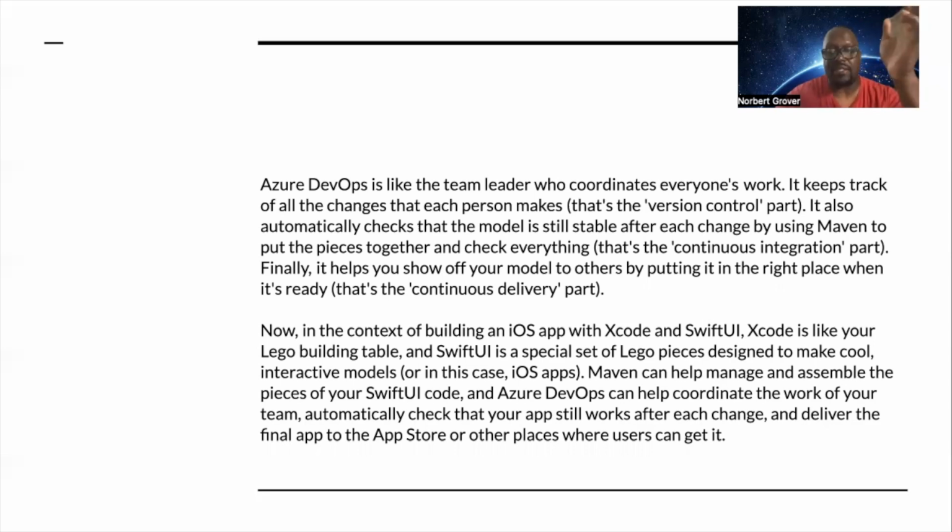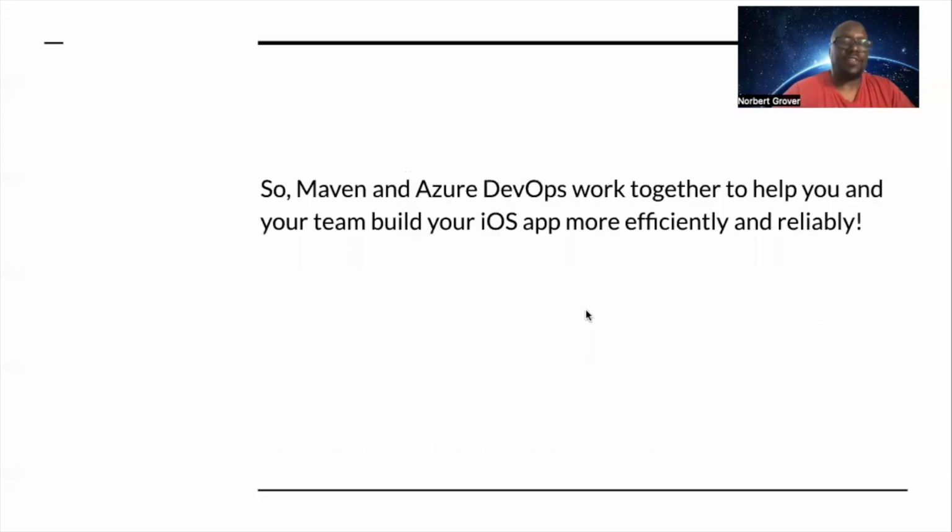Maven can help manage and assemble the pieces of your SwiftUI code, and Azure DevOps can help coordinate the work of your team, automatically check that your app still works after each change, and deliver the final app to the App Store or other places where users can get it. So Maven and Azure DevOps work together to help you and your team build your iOS app more efficiently and reliably.